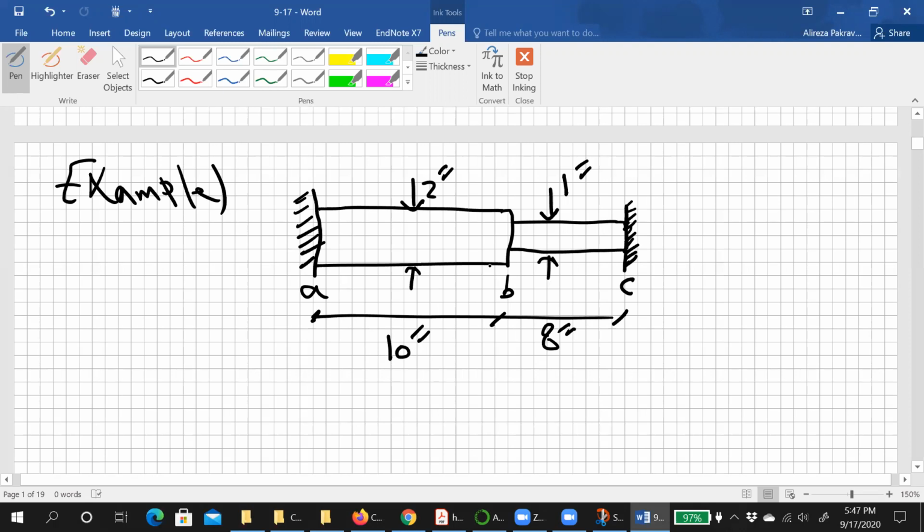Okay, for the segments A, B, the modulus of elasticity E for all the segments would be 10 times 10 to the 6 psi, and alpha would be 12.5 times 10 to the negative 6.